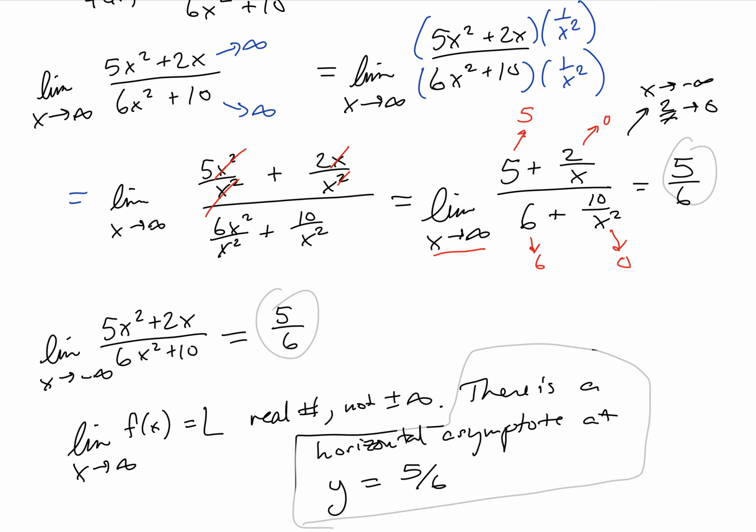So y equals 5/6 is a horizontal asymptote because the limit as x goes to positive or negative infinity of f of x is 5/6.